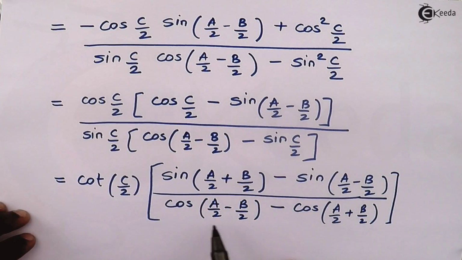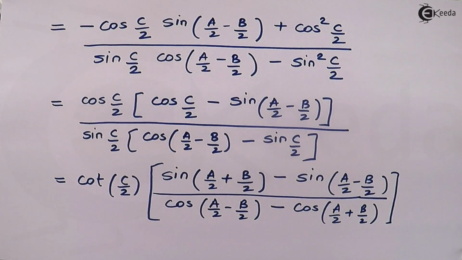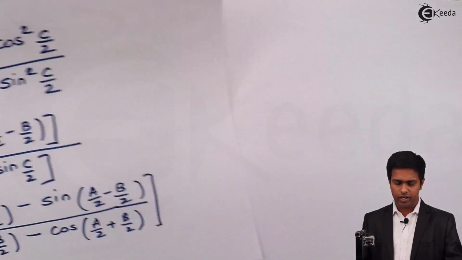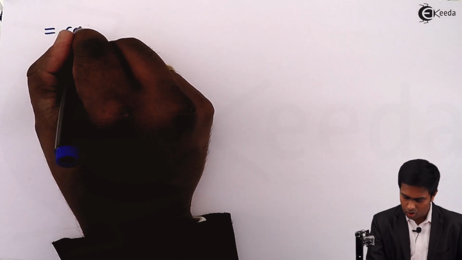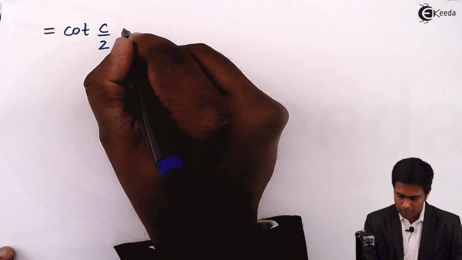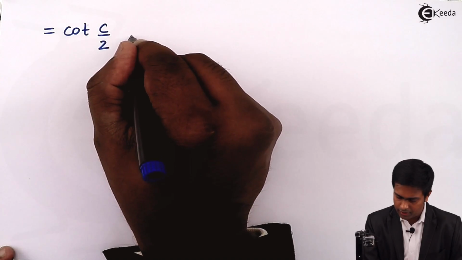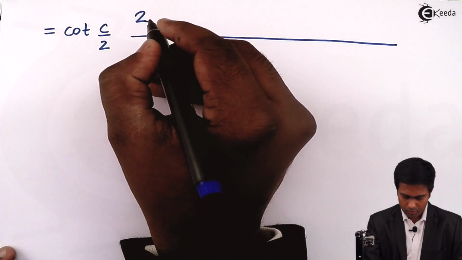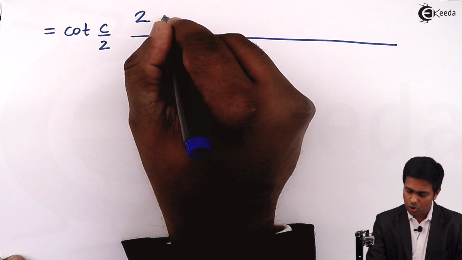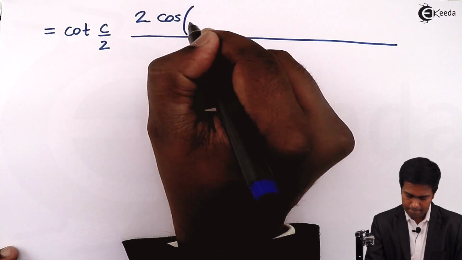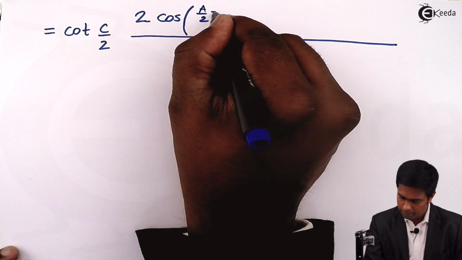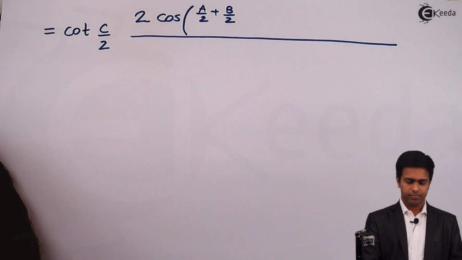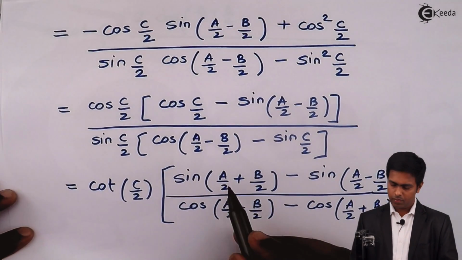So for numerator and denominator, we'll again apply the formula of factorization. Here I'll use the formula of sin C minus sin D. So we'll get cot(C/2) as it is. Here in the numerator, we will get 2 times cos of (A/2 + B/2 + A/2 - B/2) whole upon 2, that is first term plus second term.